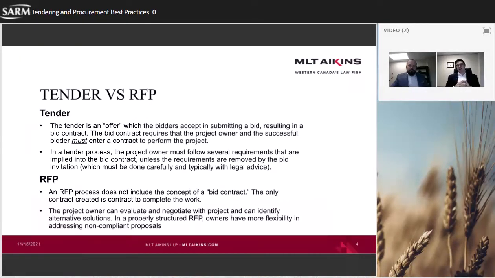Now, the tender process is a lot stricter than an RFP. Basically anything in the tender in terms of requirements has to be followed, and we would always say to do that carefully and with legal advice if you're planning on going in a different direction. The key concept in a tender is that the price you're given is not revocable.